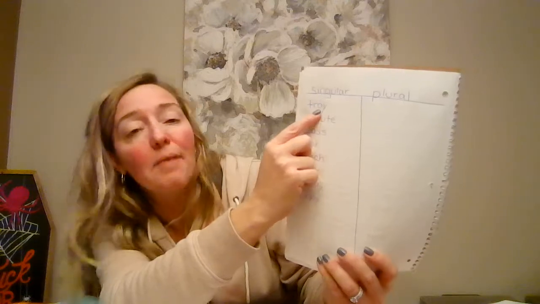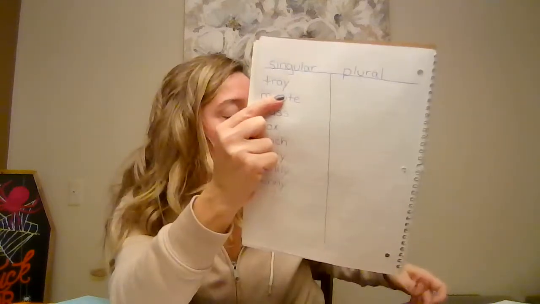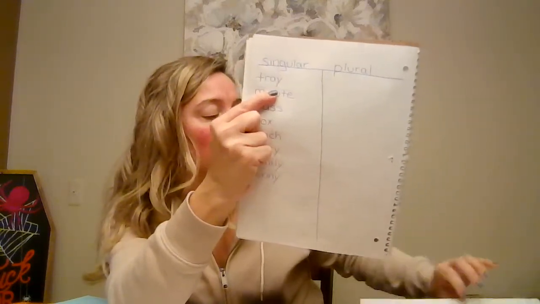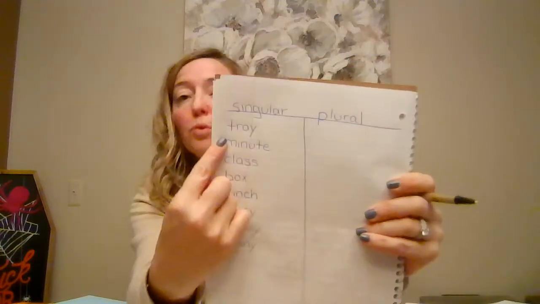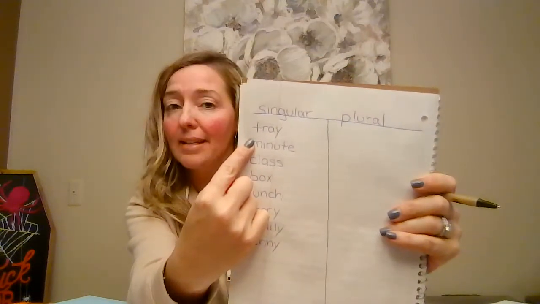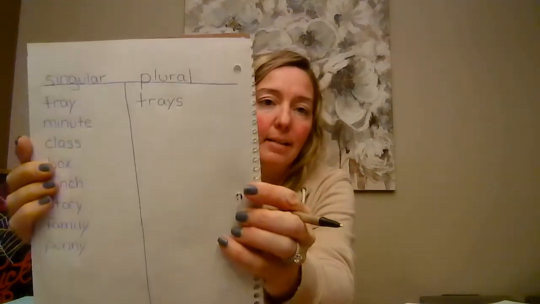So since we have an A, then the Y, all we have to do is add an S. So on the plural side, to make tray into trays, I'm going to write the word tray, and then I am going to add the S.